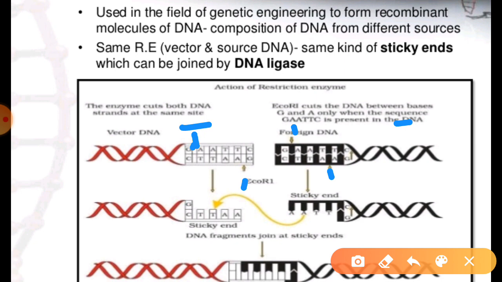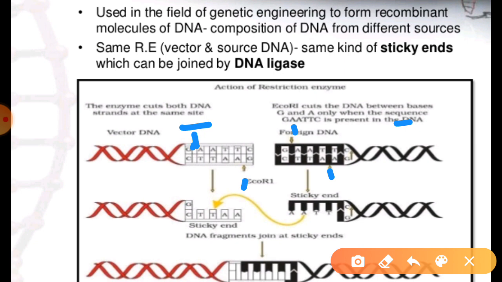So the same kind of sticky ends are cut in the vector as well as in the foreign DNA. We will get the proper structures of complementary counterparts in that condition, so they can join ends with the help of ligase enzymes.